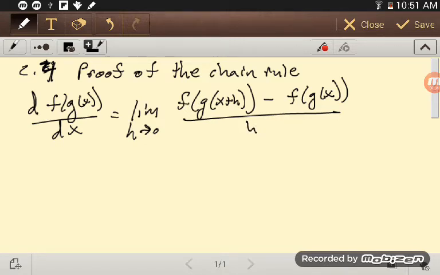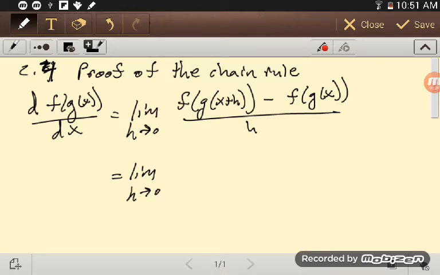And so in this case, how are we going to make this work? Well, notice that if I multiply by 1, nothing happens to the limit.